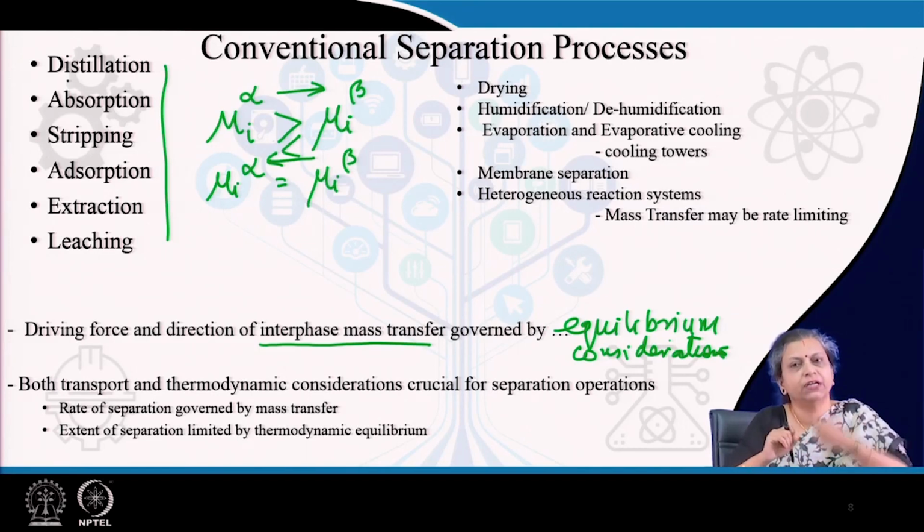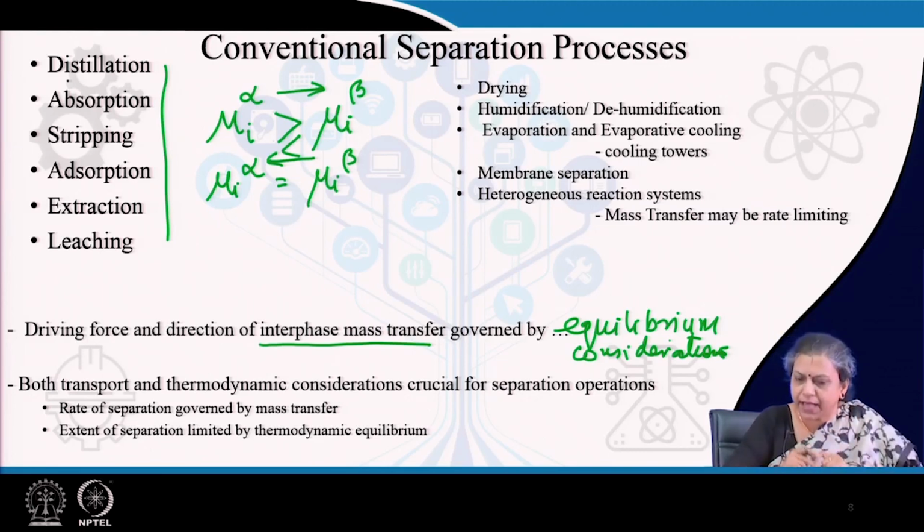Definitely the liquid will continue to vaporize into the air or into the flowing gas stream as long as the vapor pressure in the flow of the liquid is greater compared to the partial pressure of the liquid in the gas stream, but this does not govern the design of dryers, and it is too difficult to get this equilibrium data. So, therefore, dryers are not designed based on equilibrium consideration.